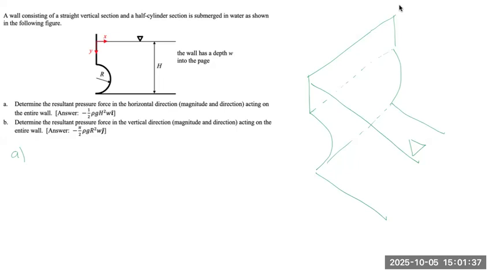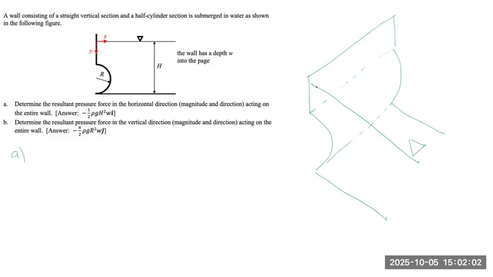This is specifically for curved surfaces. And the vertical projection of the area is formed by the straight vertical section and the half cylinder section. And this projection is a rectangle.